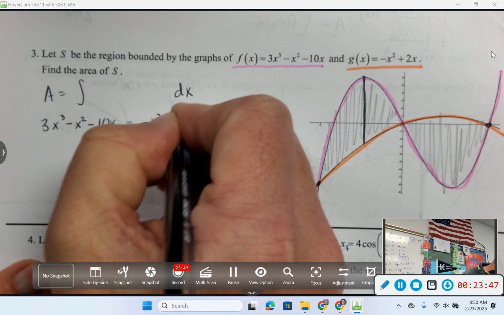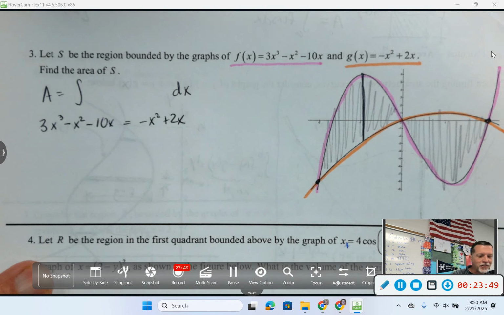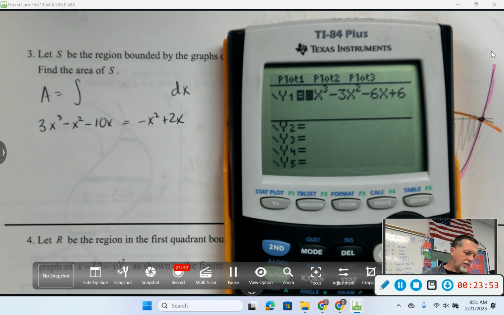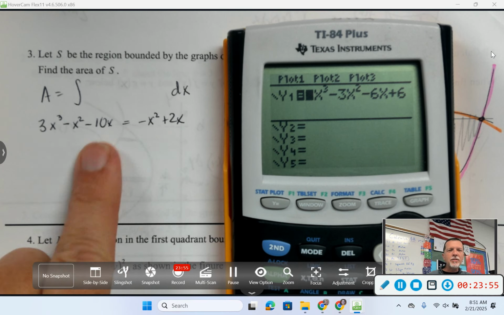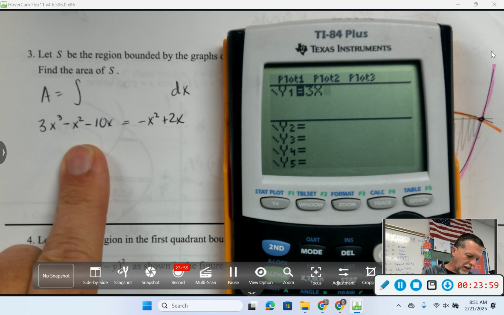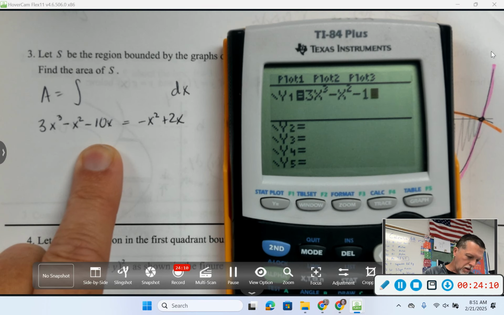But if we're using our calculator, then use our calculator. So I could do that by hand, and maybe that one is easy enough to figure out, but meh. Let's just put them in the calculator and let the calculator do the work. 3x cubed minus x squared minus 10x.